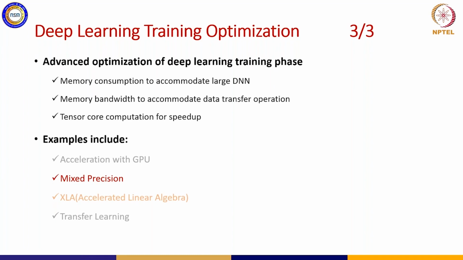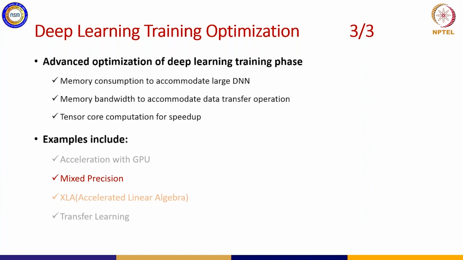There are things you might need to consider. You'll be looking at the memory consumption to accommodate a large DNN model, and also the memory bandwidth required to transfer data. A large model might require large data, and there is transfer here and there during the training phase. Also, you're looking at speed up in terms of computation, which will require tensor cores.